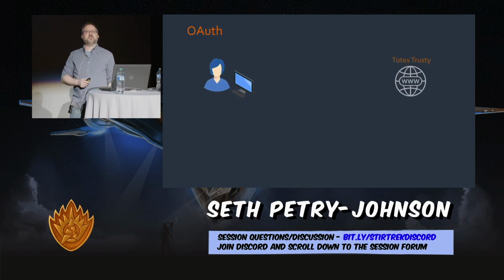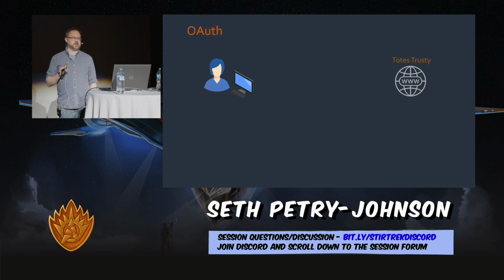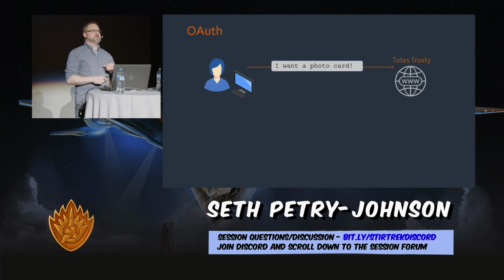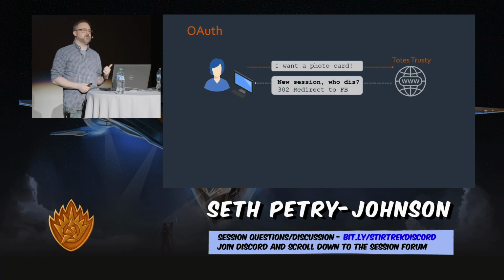Now, there's a key distinction that I want to make, but it will make more sense if we walk through that OAuth process in a little more detail first. So Alice goes to Totally Trustworthy Photos to make a greeting card. TTF doesn't recognize her. They send a 302 redirect back to Facebook's OAuth endpoint.